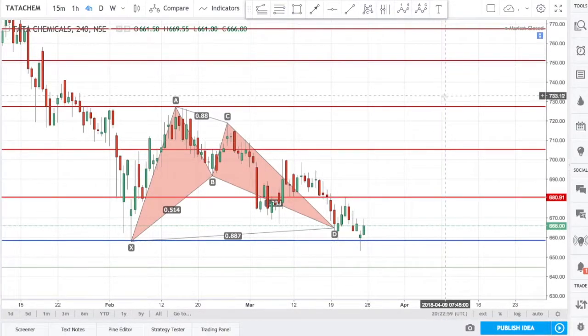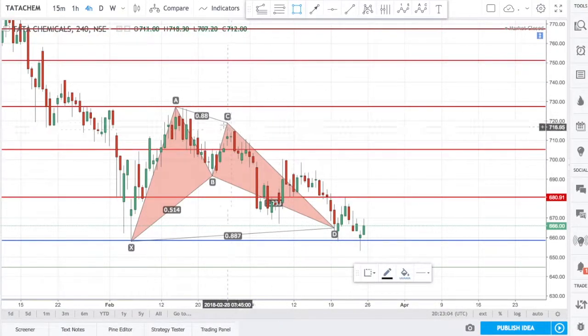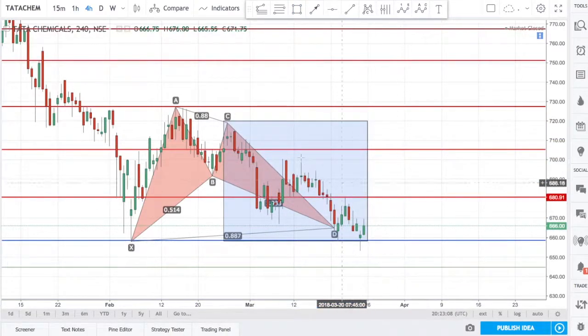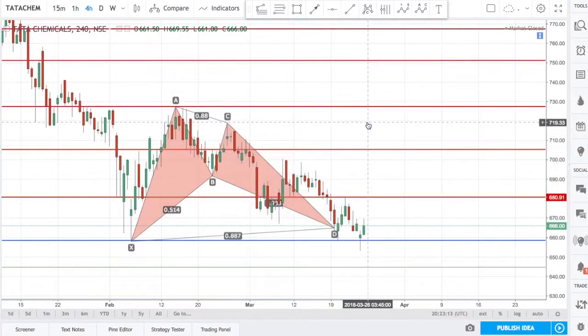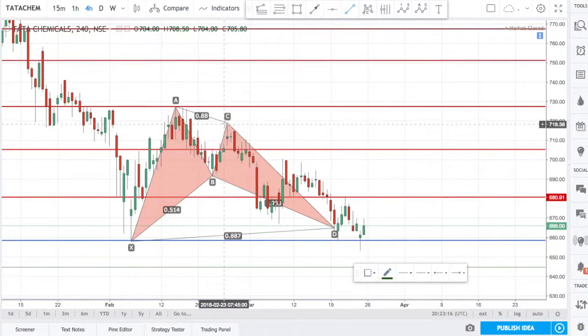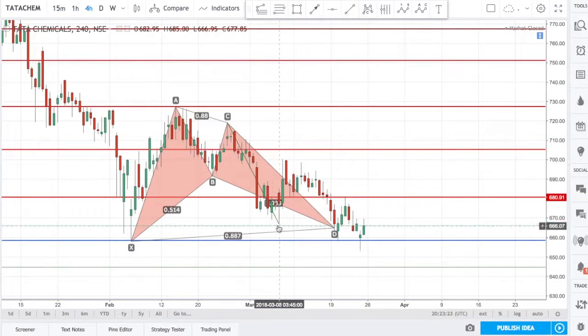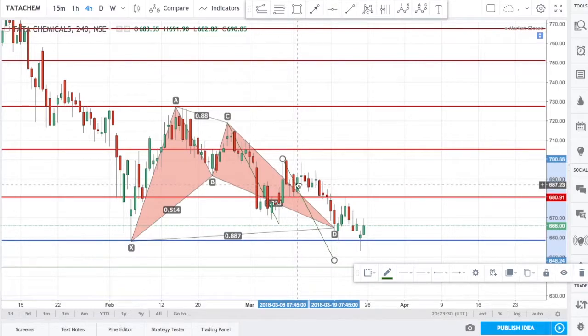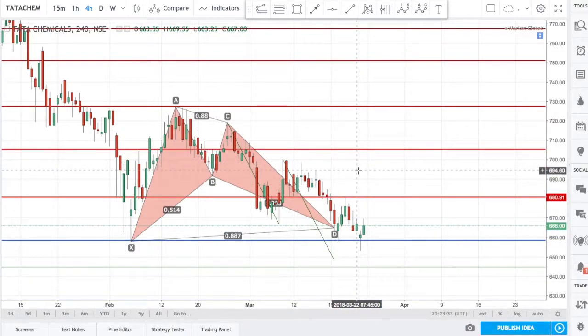The first one is the ABCD pattern. I want you to focus on this zone right here. Only focus on this zone right here. This is our down move. This is our retracement, and this is possibly our CD leg.